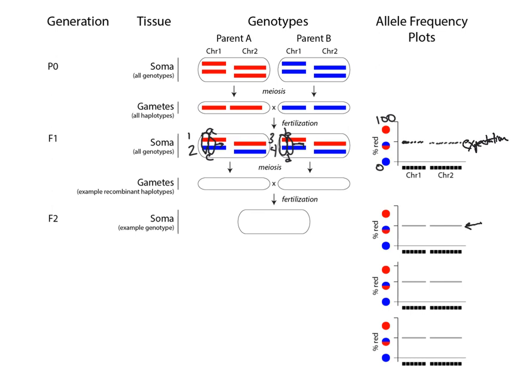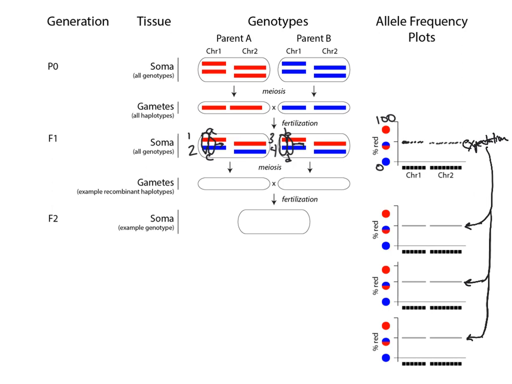And that's why down here in these graphs that I've created, when we look at the F2 generation, there are these gray lines. Those are the expectations that we came up with from the F1 generation. All else being equal, if no genotypes are being selected for or against, then the allele frequencies, the percent red at every part of every chromosome, should stay the same, 50% red, 50% blue.